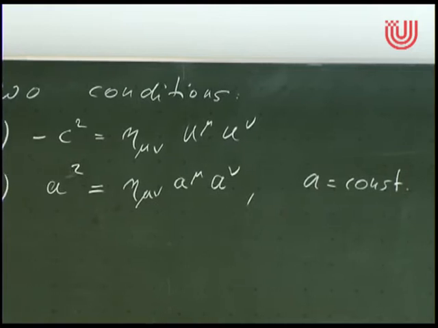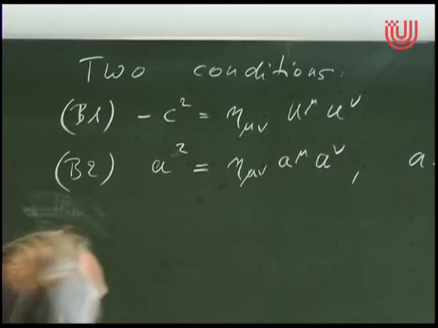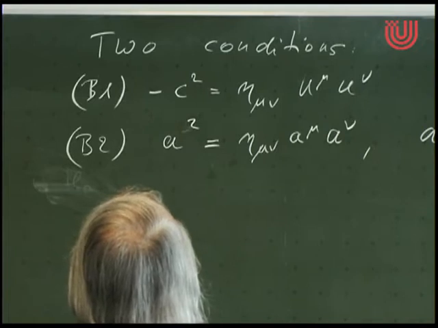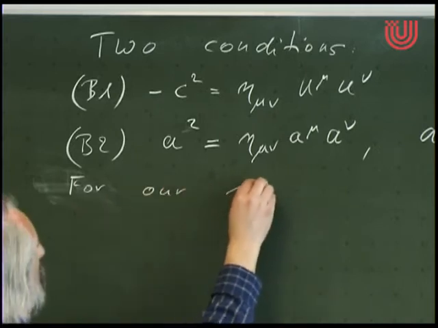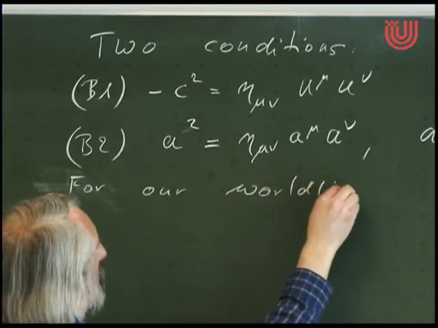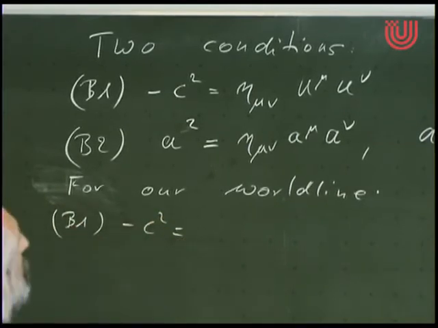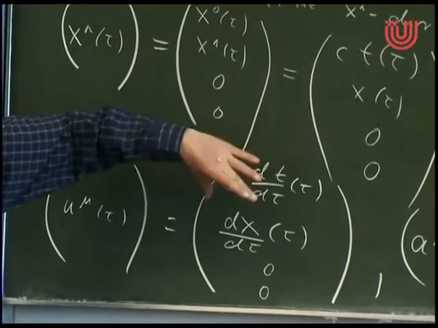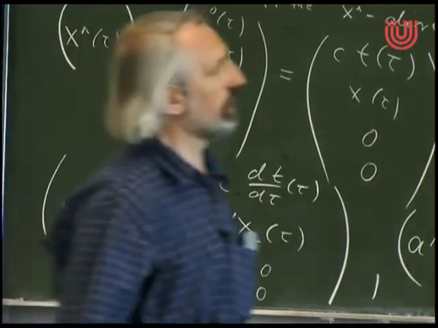And now let's write this out. So for our world line, let me write it again in a new line. So the first condition is minus c squared is eta mu nu, u mu, u nu. So this is this term squared with a minus sign plus this term squared with a plus sign and then two zeros. So this time squared with a minus sign.